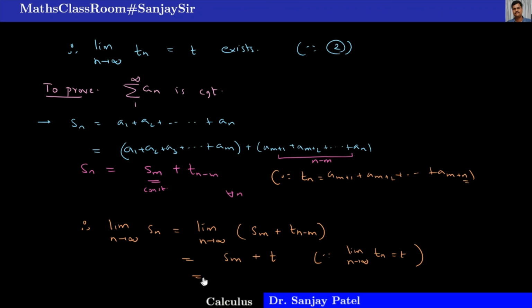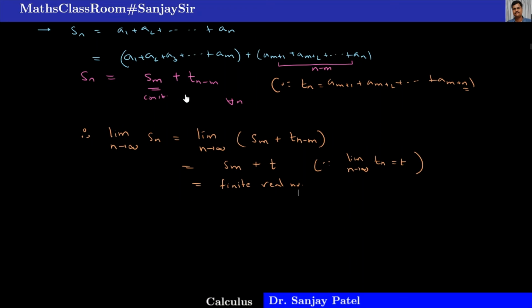So this is finally some finite real number. So what is proved? The limit of Sn exists, and if the limit of Sn exists, that means sigma an is convergent. So therefore our conclusion is, sigma an from 1 to infinity is convergent.